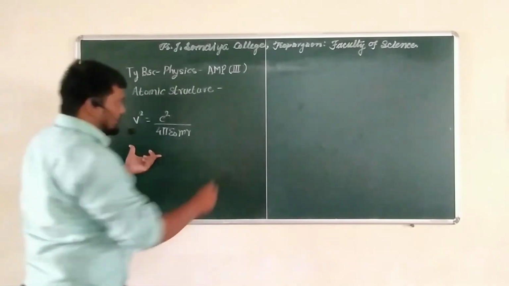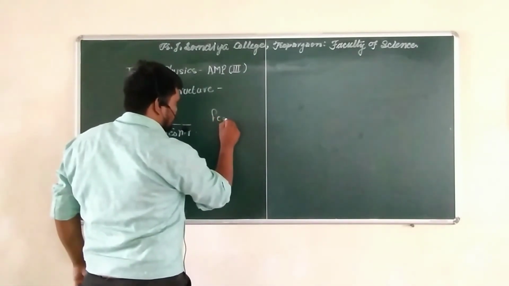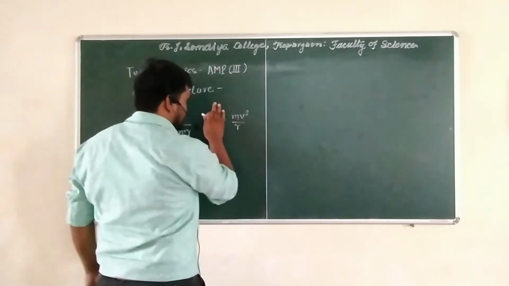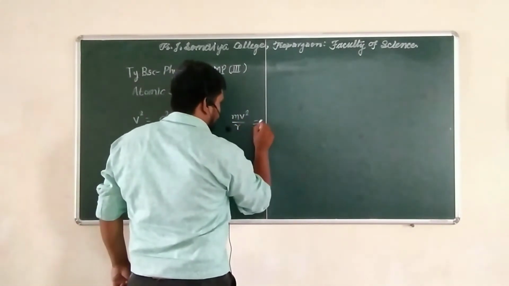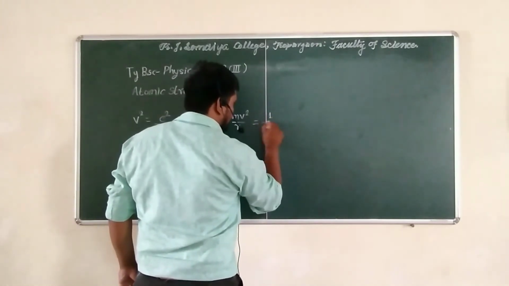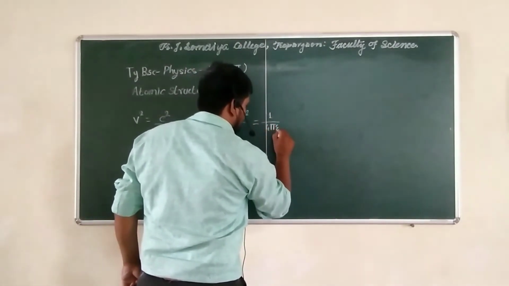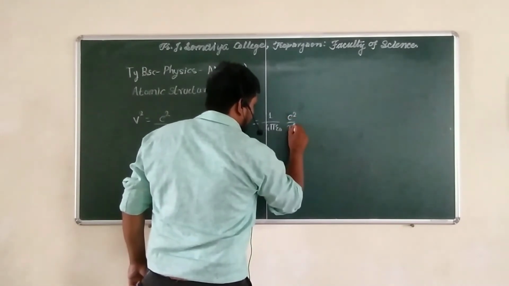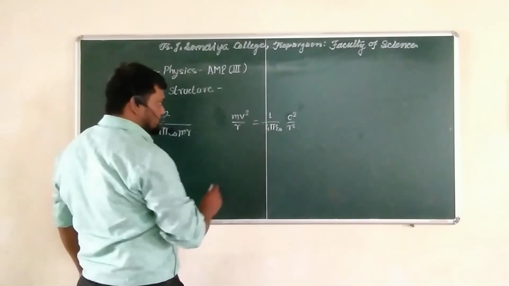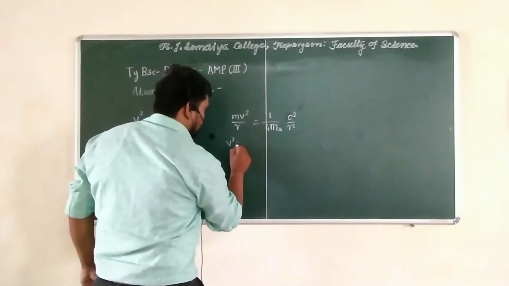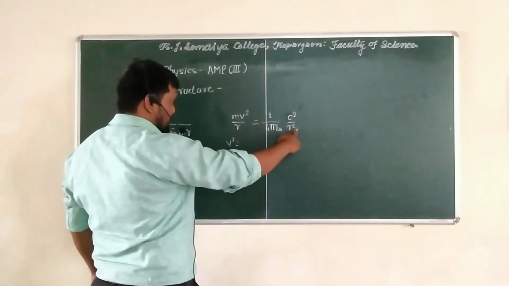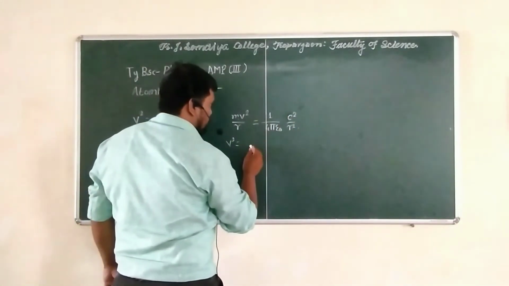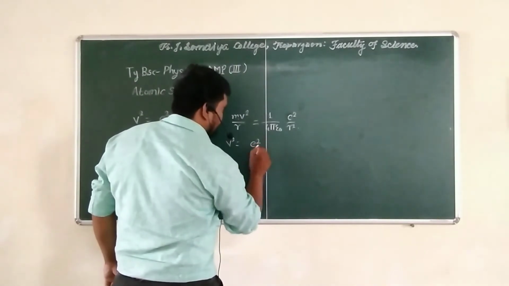How does it come? Fc is equal to mv square divided by r, and Fe is equal to 1 upon 4 pi epsilon naught, e square divided by r square. To calculate v square, m goes to the denominator on the right-hand side and r goes to the numerator.